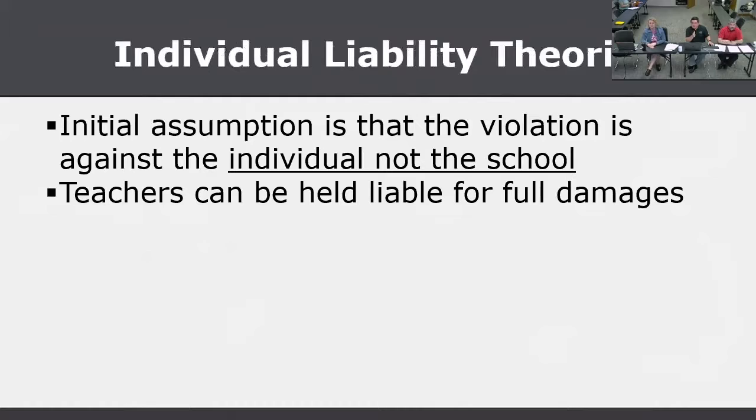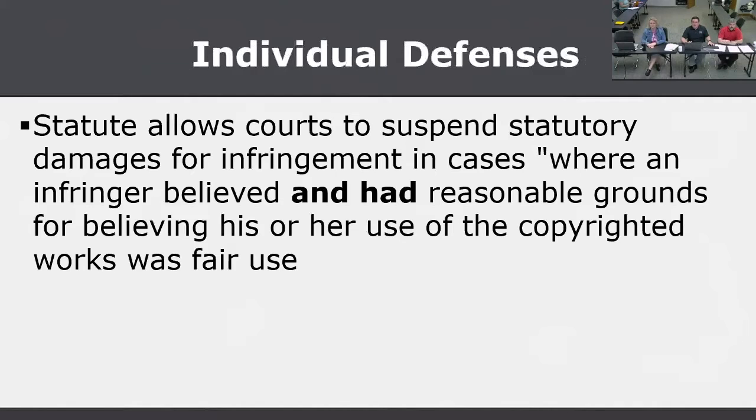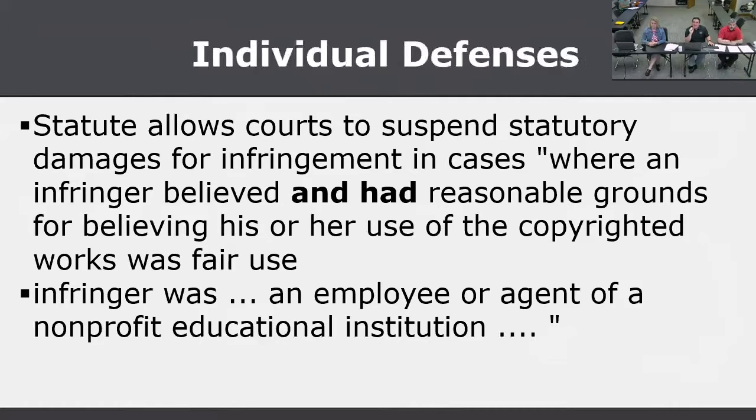And that's the initial presumption in the copyright law, that each individual is tasked with understanding it. So there are individual defenses. Courts can suspend statutory damages or reduce them where the infringer had reasonable grounds to believe that his or her use was a fair use, and that infringer was an employee or agent of a nonprofit educational institution. This is one of several examples within the copyright laws where they talk about the significance of being a school employee.